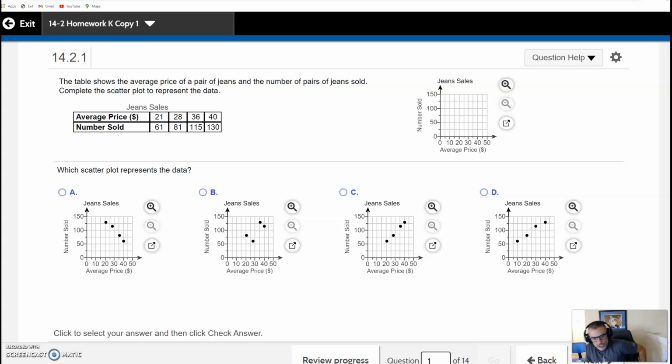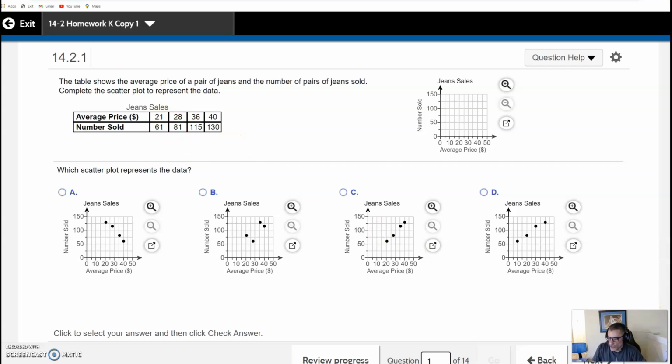Looking at number 1 here, it says the table shows the average price of a pair of jeans and the number of pairs of jeans sold, and they give us this table of information. We have to figure out which one of these 4 graphs represents this table.